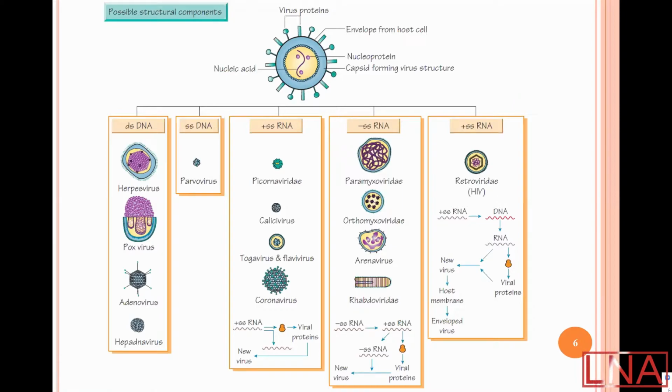So viruses can also be classified depending on their nucleic acids, their genetic material. Viruses range from the structurally simple and small parvoviruses to very big and very complex pox viruses or herpes viruses, which you can observe here in the left column.